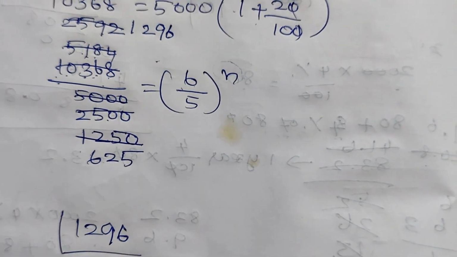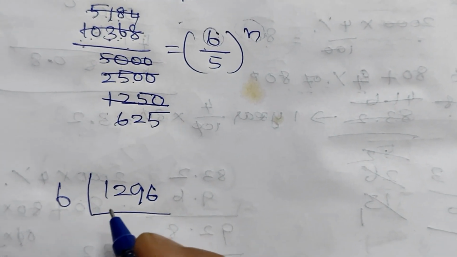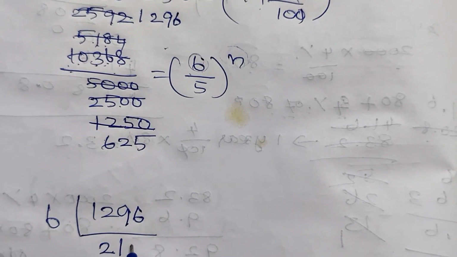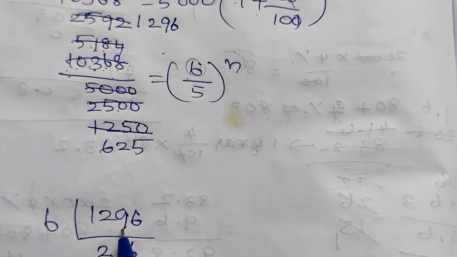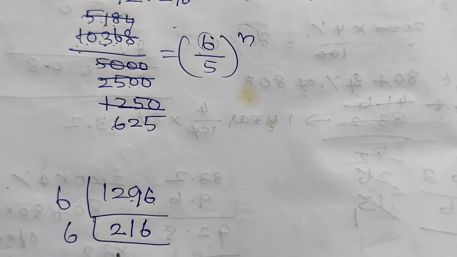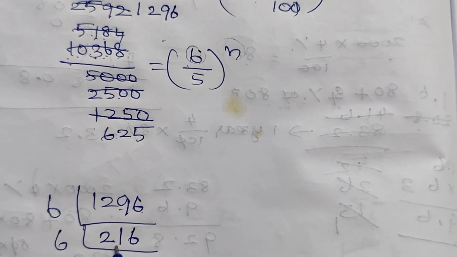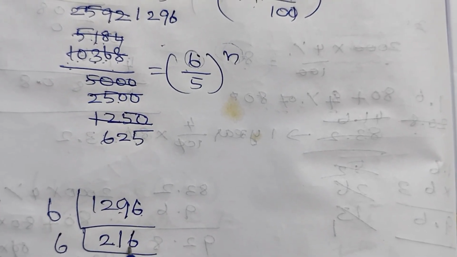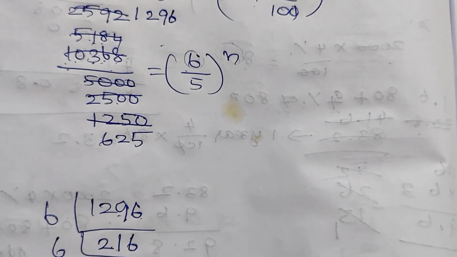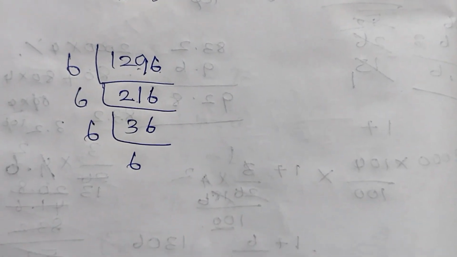Here it is 6, so I divide 1296 by 6. 2 6s are 12, 6 6s are 36, and again 6 6s are 36. So 1296 we can express as 6 power 4.